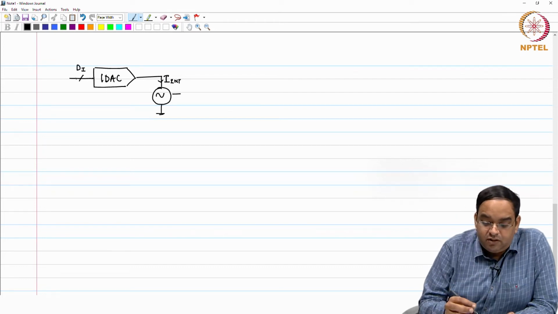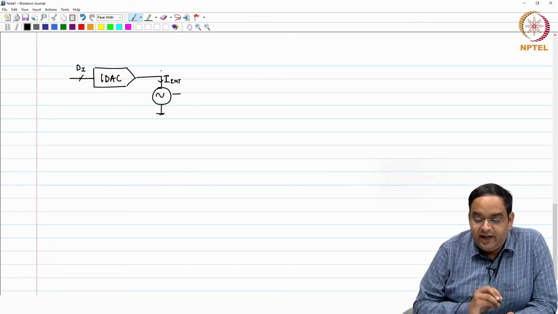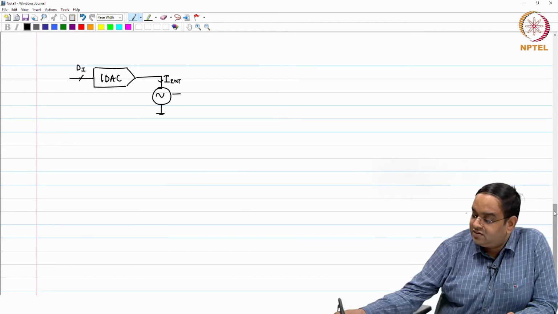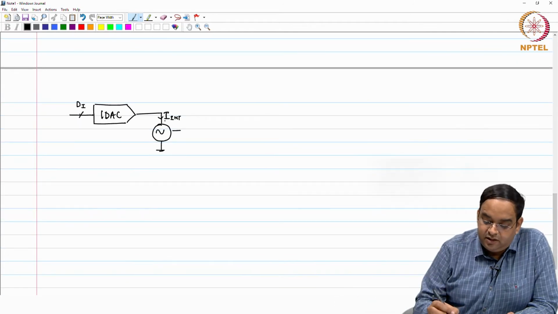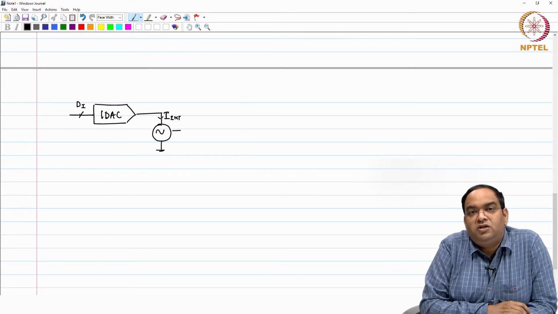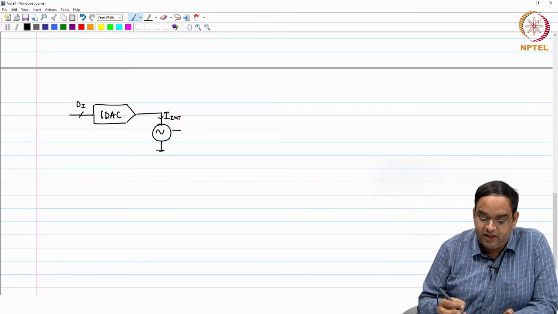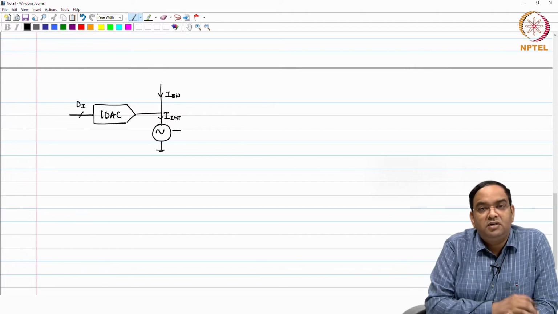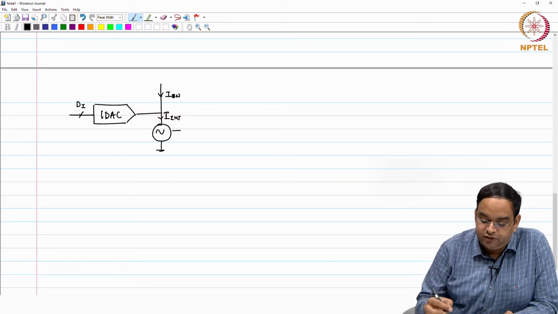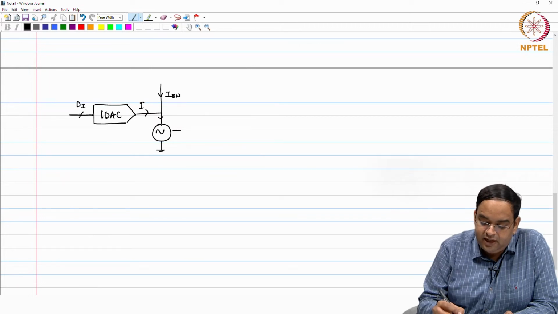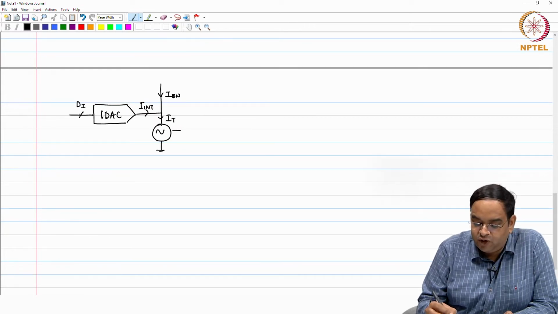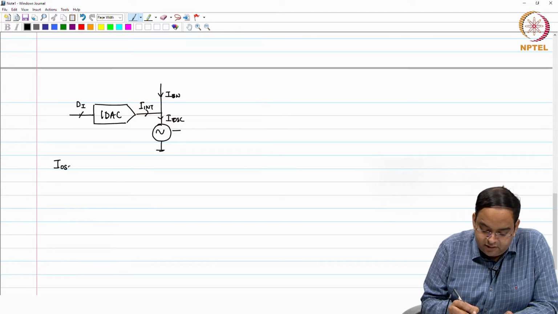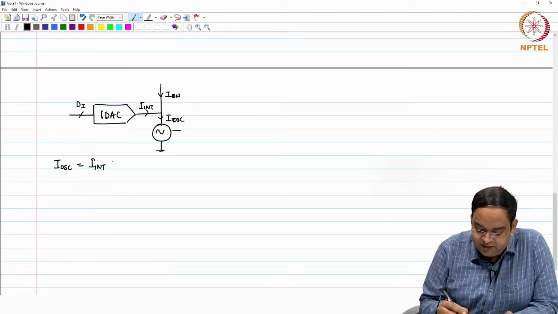Now, converting from DI to your IDAC, the total current required for the oscillator to oscillate at a given frequency also includes an additional current I bandwidth coming from the proportional path. So, this is I int and this is I total, or I oscillator. So, I oscillator is your I int plus I bandwidth.